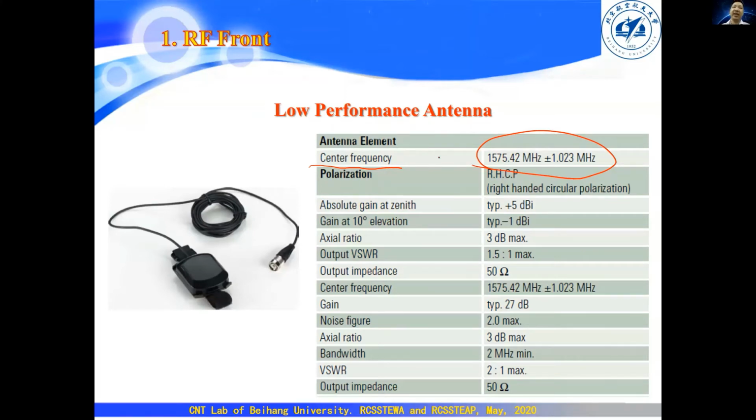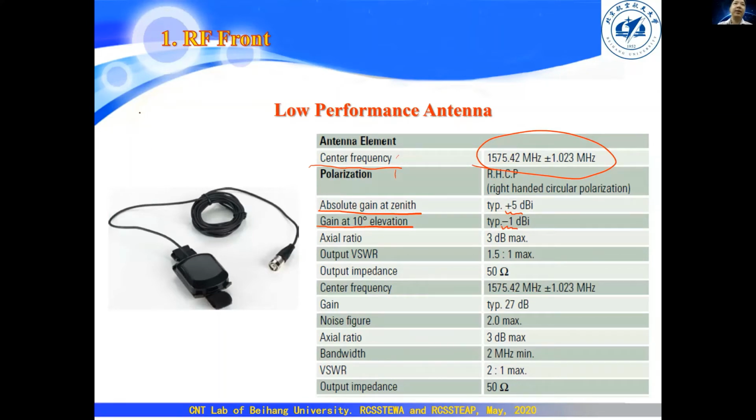It's quite technical. The most interesting thing is the gain of the antenna: at 10 degree elevation the gain is -1 dB, but the gain at the zenith is +5 dB.